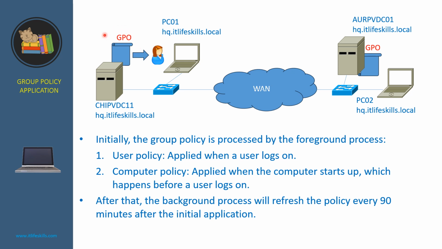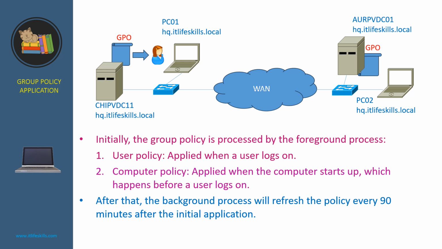So how is a group policy object applied to a user or a computer? As you may know, initially, the group policy is processed by the foreground process, and if it is a user policy, then the group policy is applied when a user logs on.